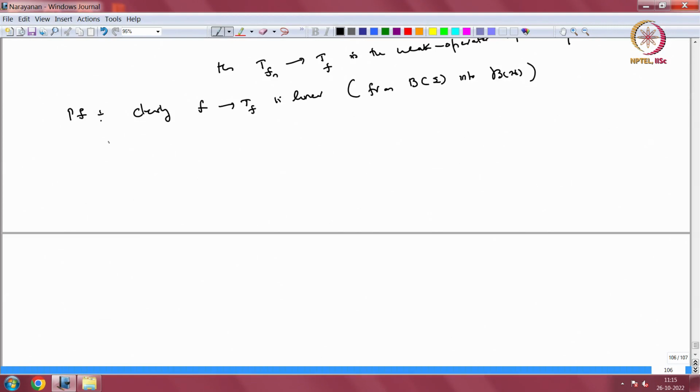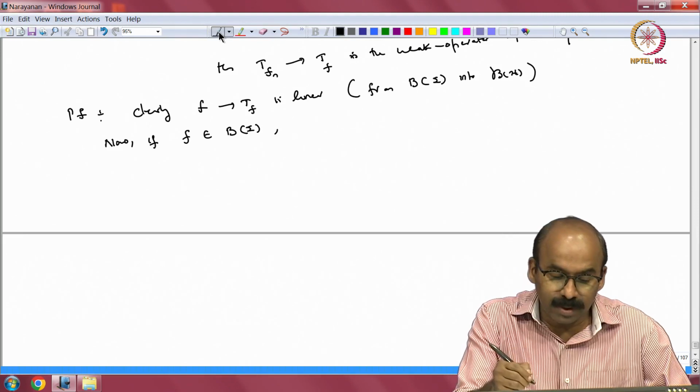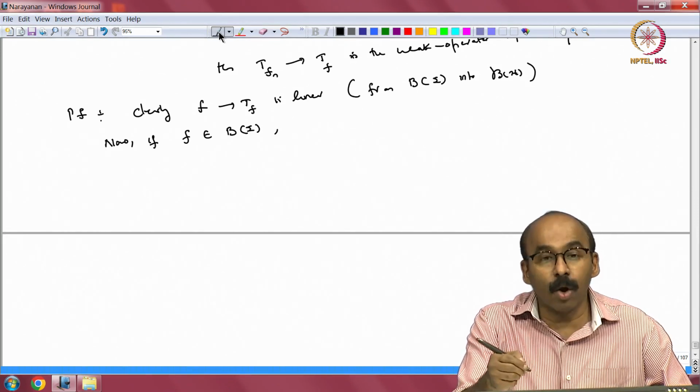Now, if f belongs to B(sigma), the star operation in B(sigma), that is bounded functions, would be just taking the complex conjugate.